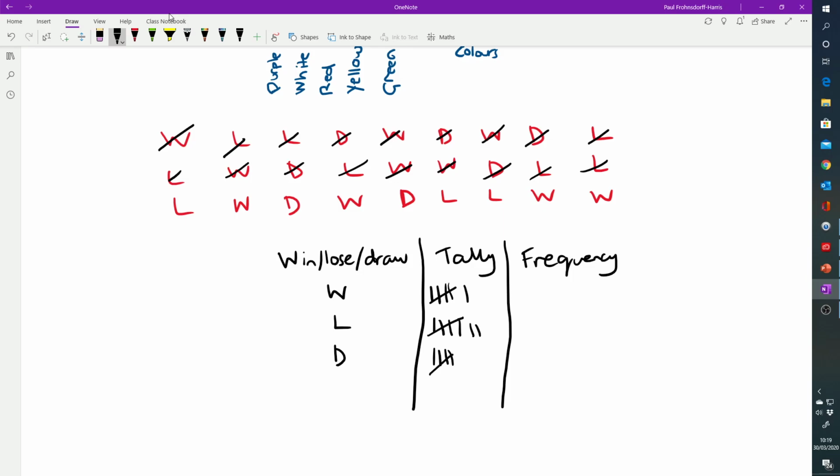I know it's not the most exciting thing to watch, but I wanted to make sure we all understand that this is proper tallying. If you tally by counting, you might as well not do the tallies. Just write the totals. If you count them, there's no need for the tallies. It doesn't do anything. And we would then be able to say 10, 10, 7. And we can get a total of 27, because I like to always put the totals.